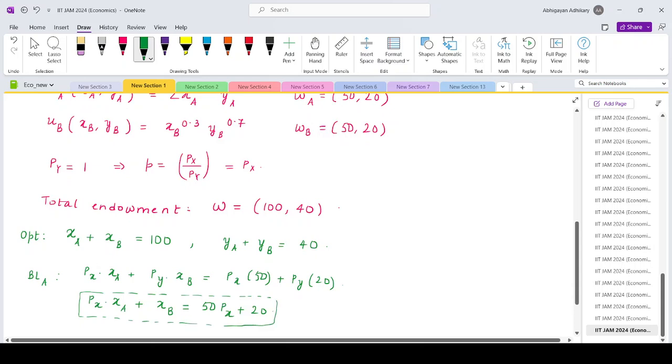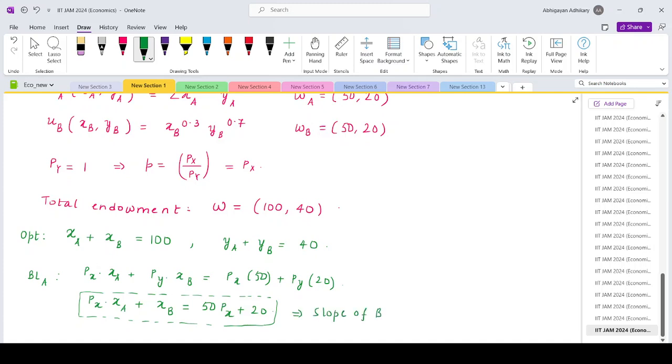This is your budget line for individual A. And what is the slope of the budget line? The absolute slope of BLA will be simply Px.